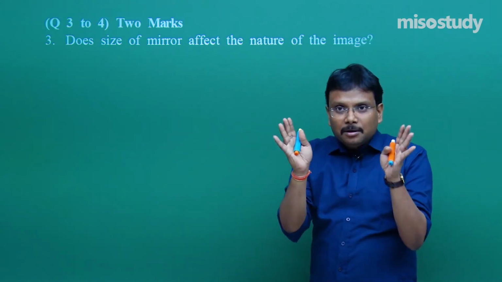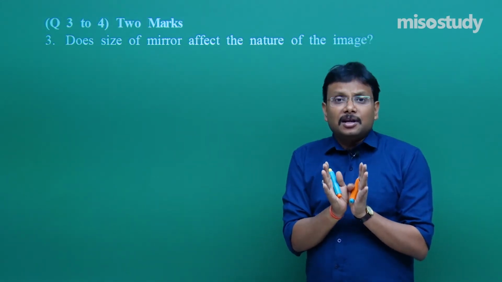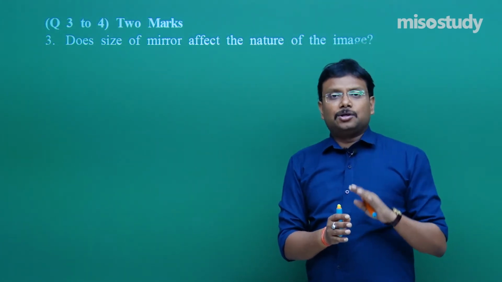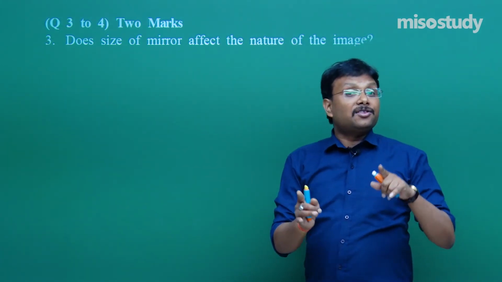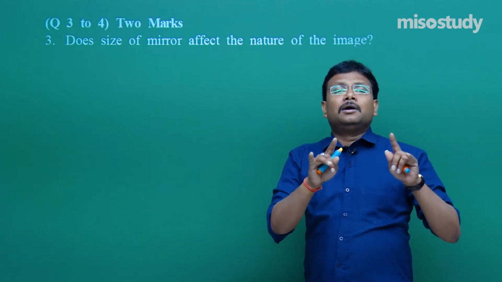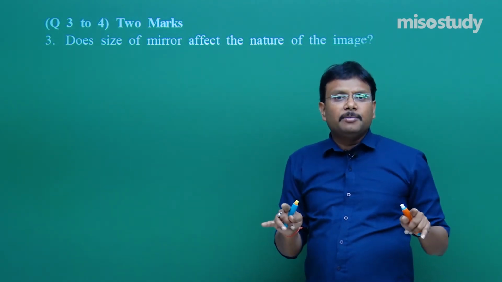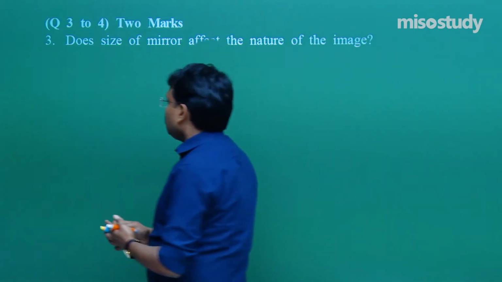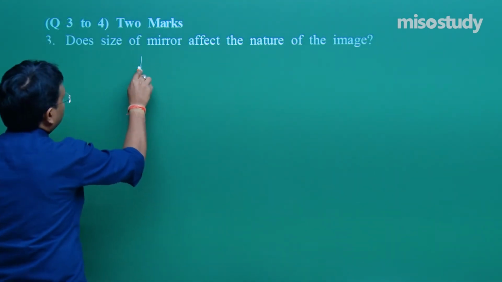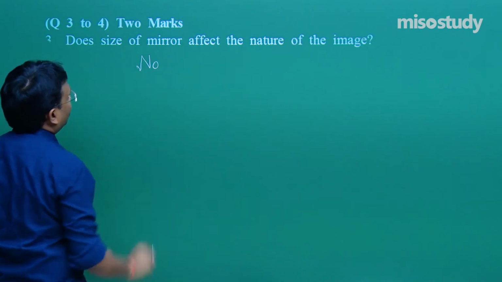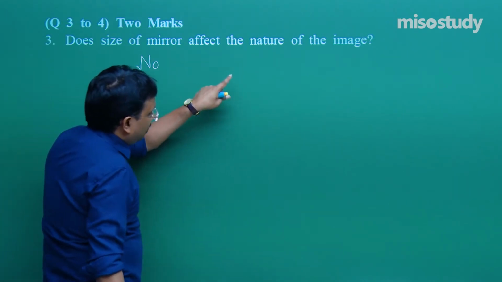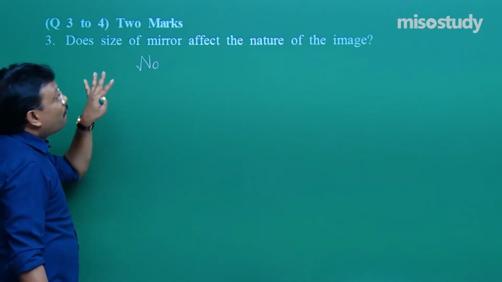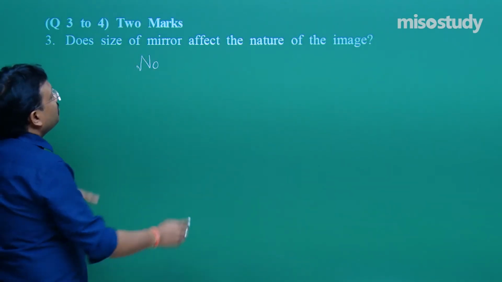If a 10 by 10 mirror is creating, say for example, a virtual erect image, then the same mirror of 100 centimeter into 100 centimeter will create that image, fine. Nature of the image is never ever affected by the physical size of the mirror.